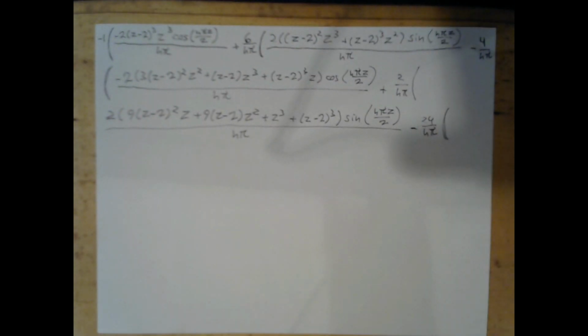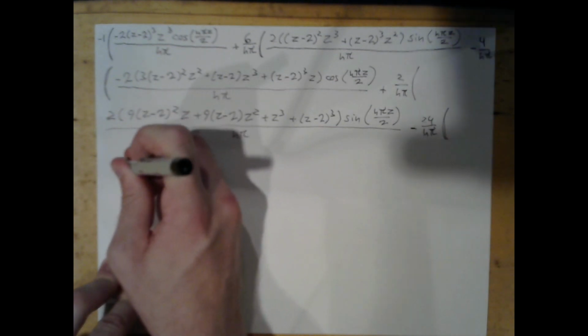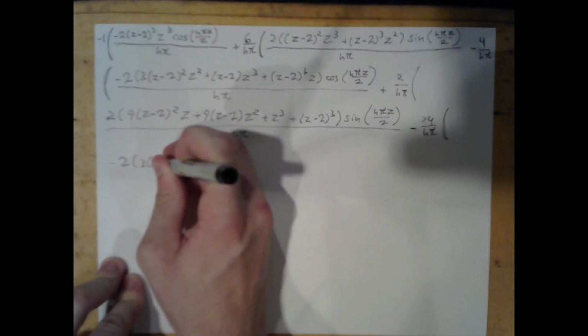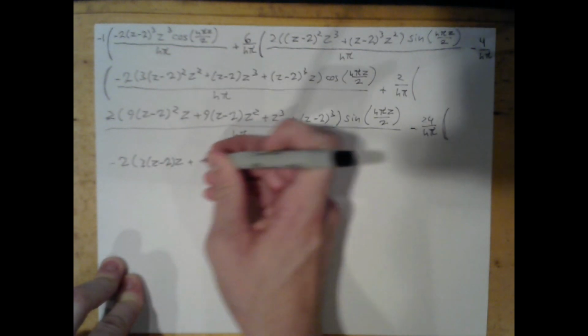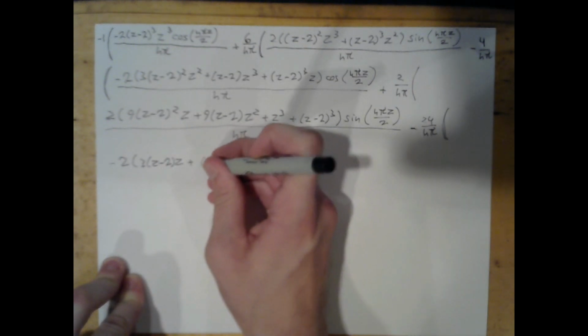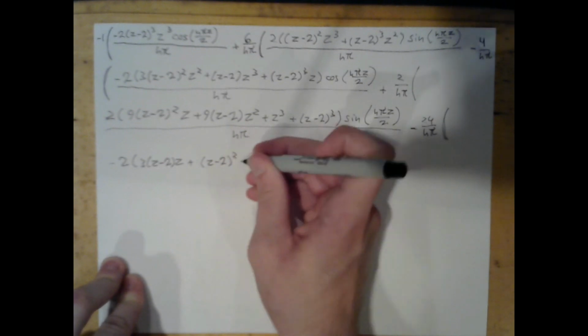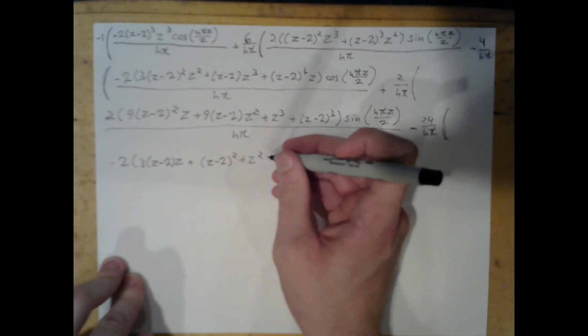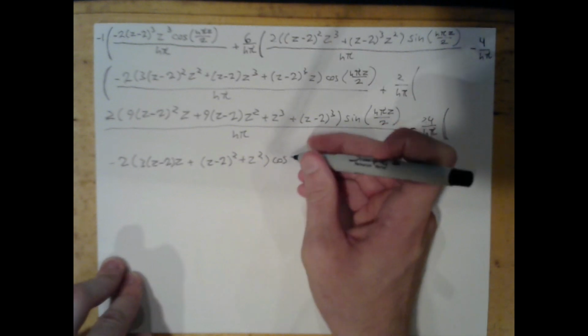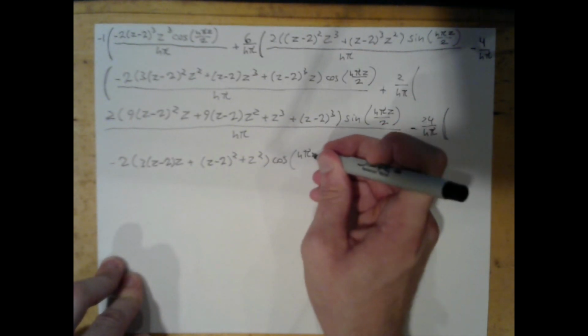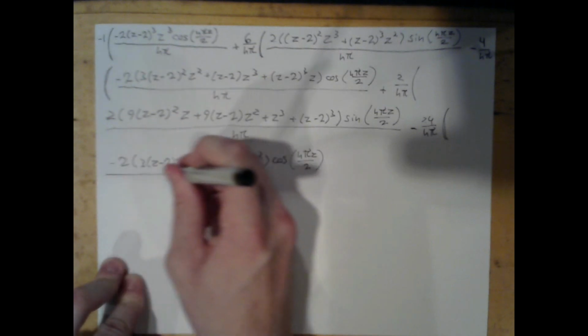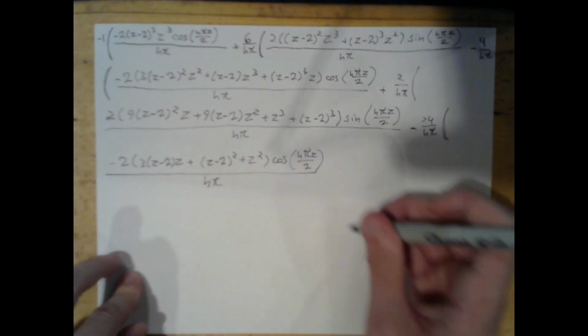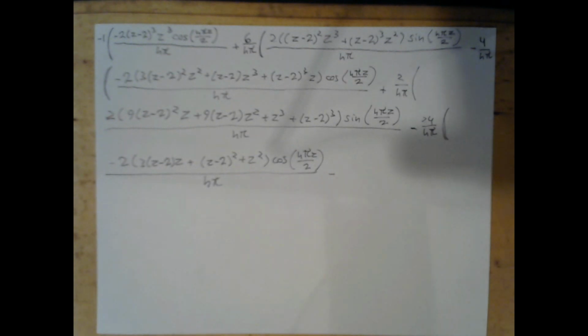Again, organization is key. I've said that about 4 times in this entire presentation. Alright, minus 2 times 3z minus 2z plus z minus 2 squared plus z squared times cosine h pi z over 2 all over h pi, and again have our subtraction. Let's go back to our integral though.